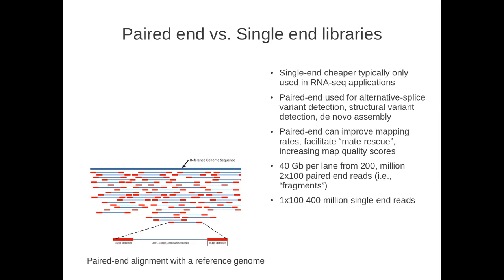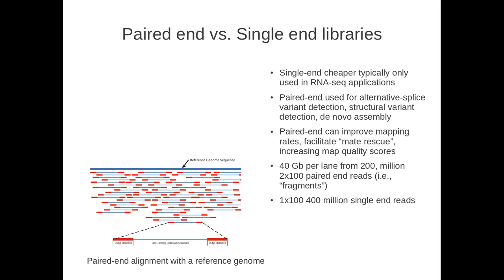So let's briefly talk about paired end versus single end libraries. When we do the sequencing itself, we build libraries. The libraries themselves really consist of adapters that have been put onto the ends of a fragment of genomic DNA, and in some chemistries circularized, and in others not.